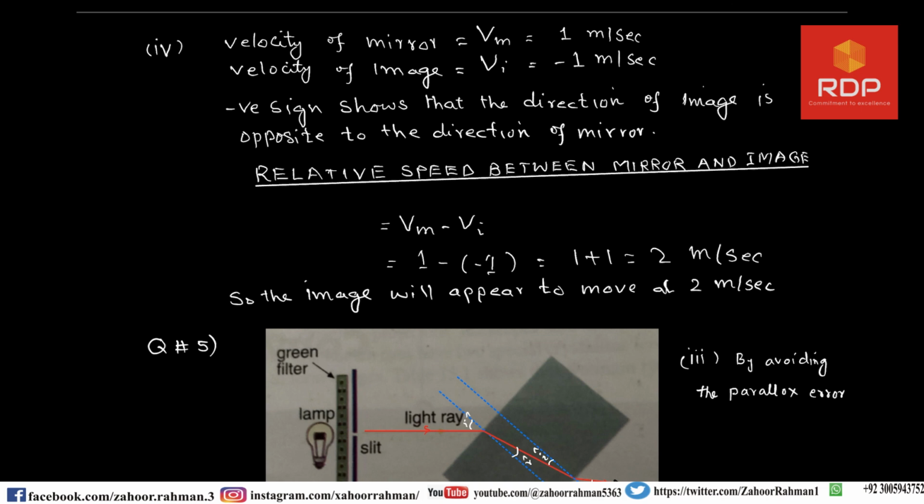The velocity of the mirror, Vm, is equal to 1 meter per second, because the question itself says the speed is 1 meter per second. The velocity of the image will be minus 1 meter per second. What does it mean? The negative sign shows that the direction of the image is opposite to the direction of the mirror.